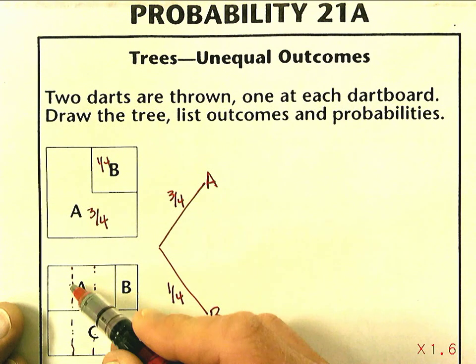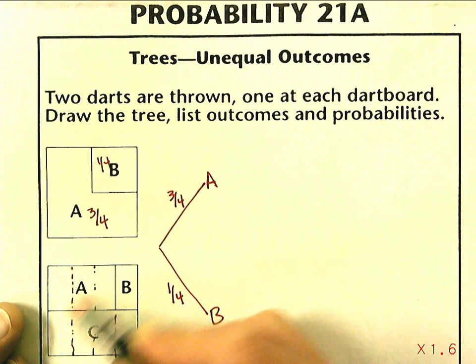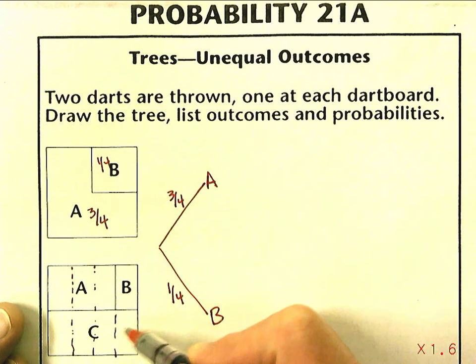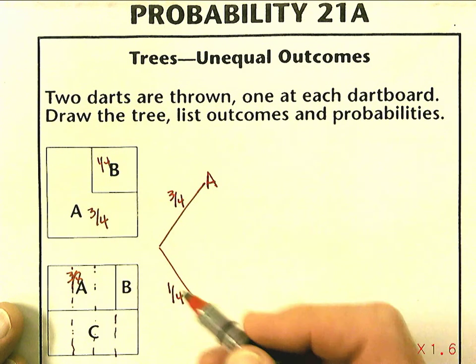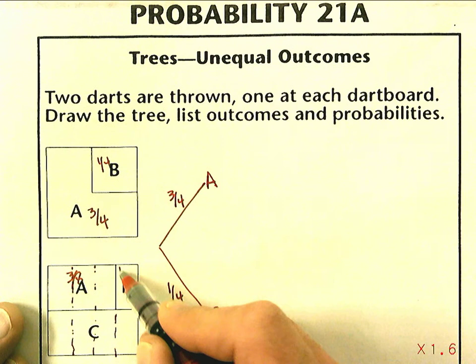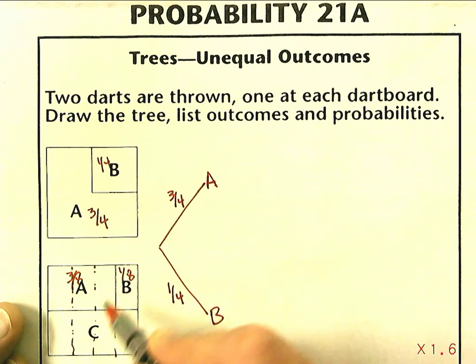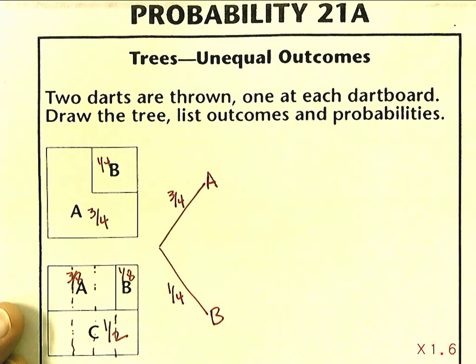That section A is 3/8 (1, 2, 3, 4, 5, 6, 7, 8) of the entire dartboard. And B is 1/8 of the dartboard. And C is 4/8, which is 1/2 of the dartboard. So now we have three different things, three different probabilities.